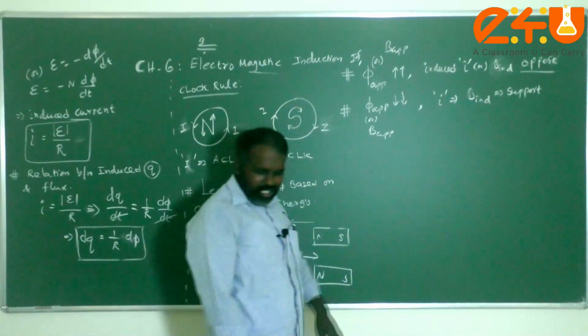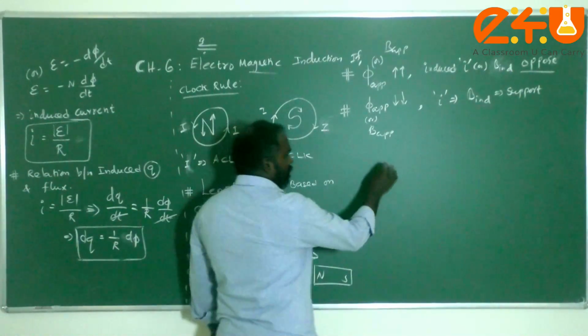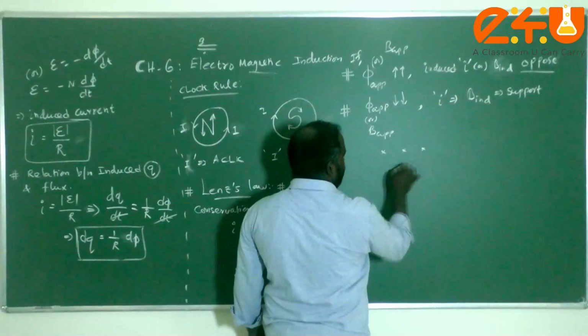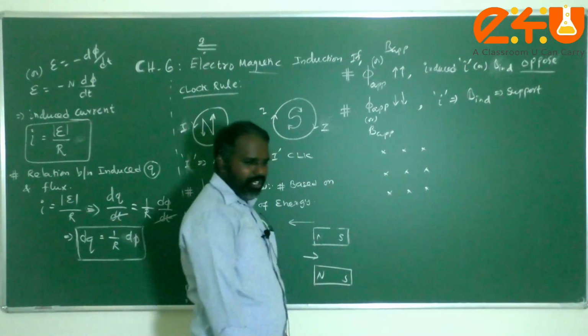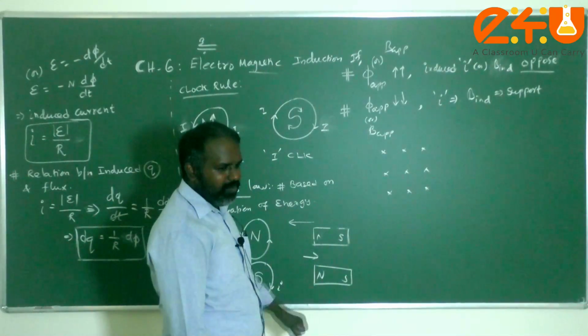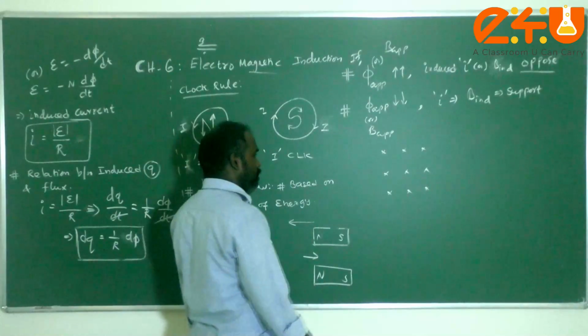Sir, please give an example for better understanding. So let us assume that there is an inward applied magnetic field. There is an inward what, children? Applied magnetic field. Please understand very clearly, because many MCQ questions as well as CBSE questions are related to this.